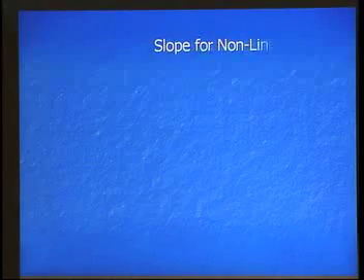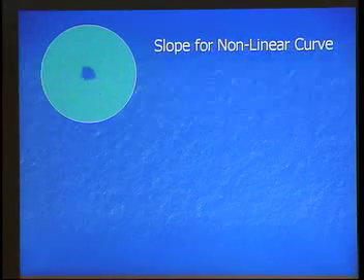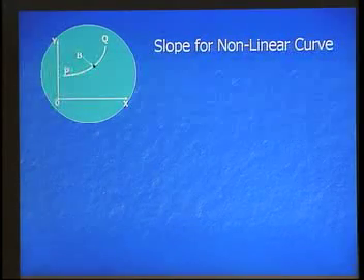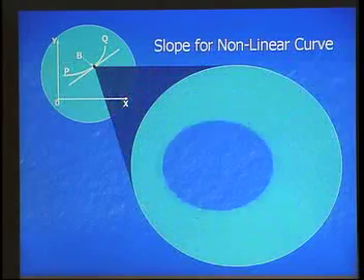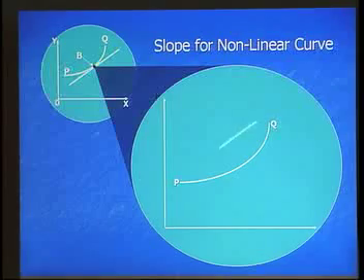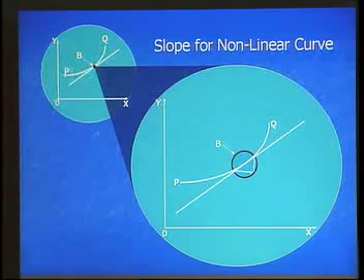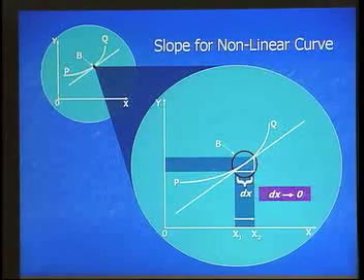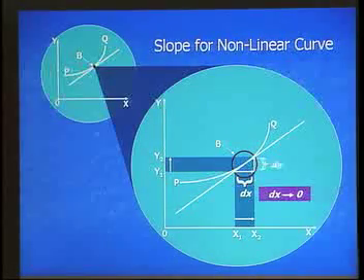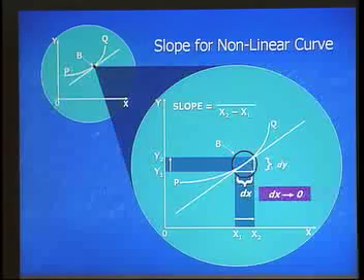Now, you can see on the screen, for a non-linear curve, in order to find the slope at any point, we have to draw a tangent at that point. As the tangent is a straight line, the slope of that tangent will be the slope at that point of the curve.